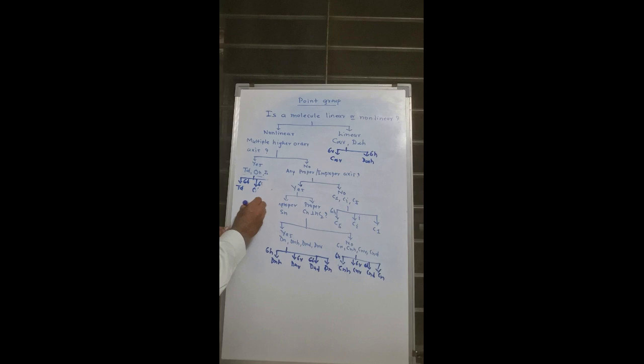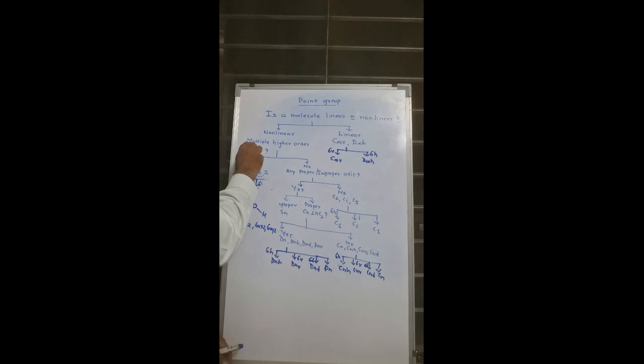Next molecule is the water molecule. This molecule consists of E, C2, sigma v xz, and sigma v yz symmetry elements. Okay, is it linear? No, it is non-linear.